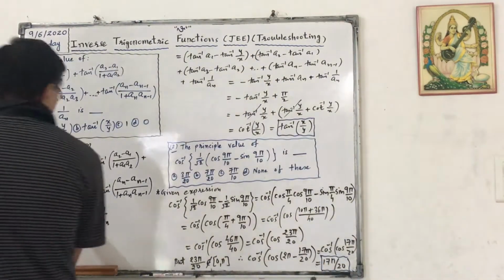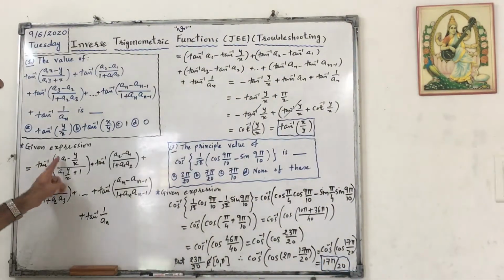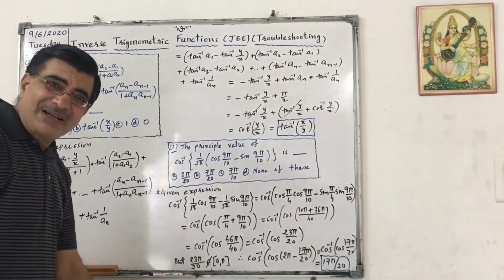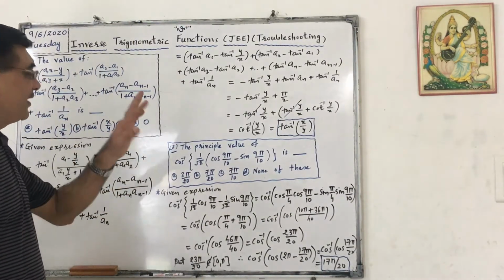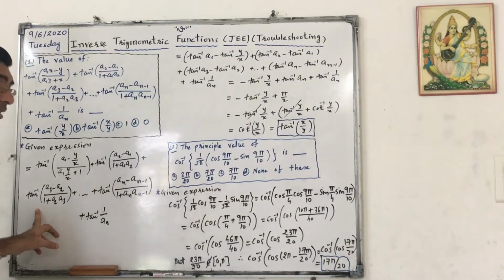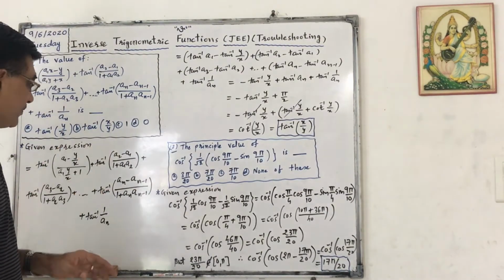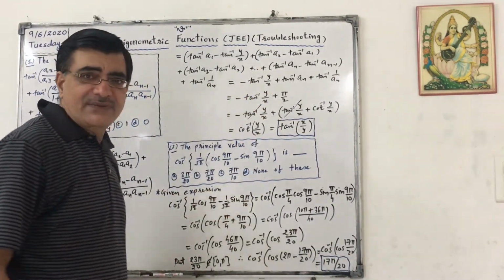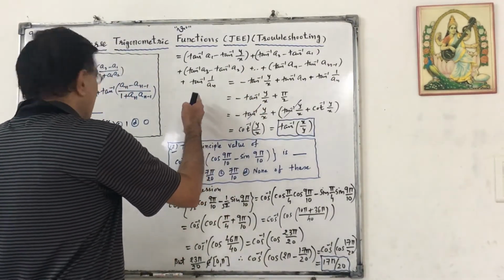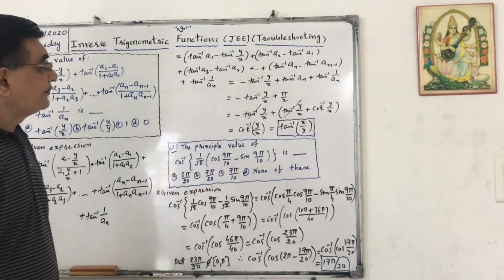So this will be tan inverse of a1 minus tan inverse of y by x. Similarly, here it will be tan inverse of a2 minus tan inverse of a1. Similarly, tan inverse of a3 minus tan inverse of a2. Here it will be tan inverse of an minus tan inverse of a of n minus 1. Okay, plus tan inverse of 1 upon an.